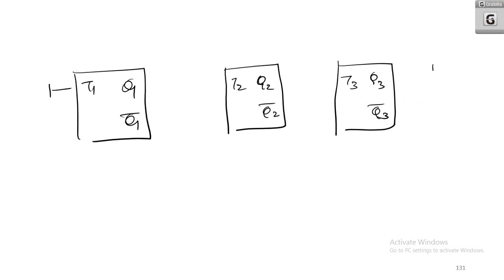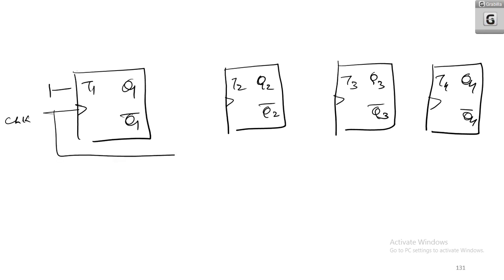And next one is T4. T4 is Q4 and Q4 bar. Okay. So here I am having the clock. Okay. So T1 is 1.